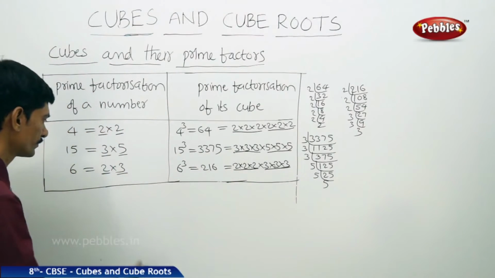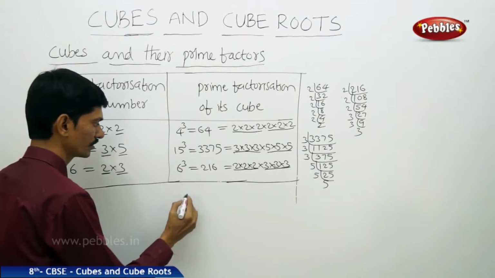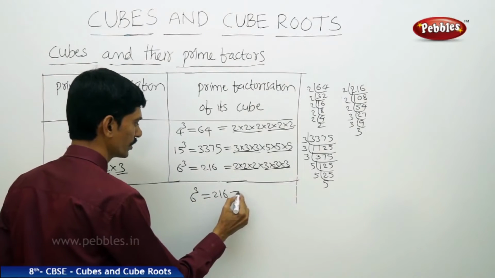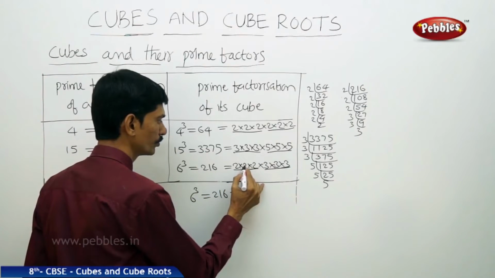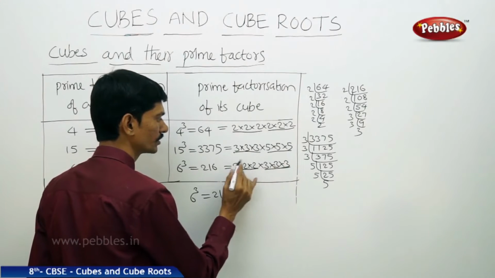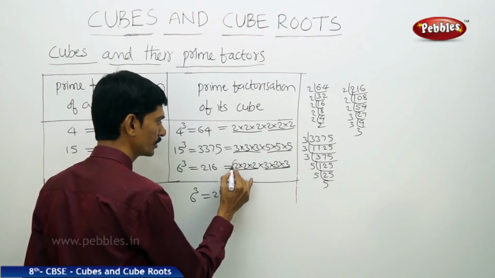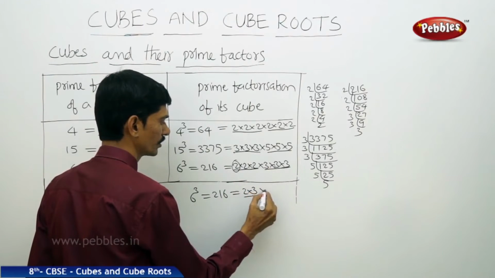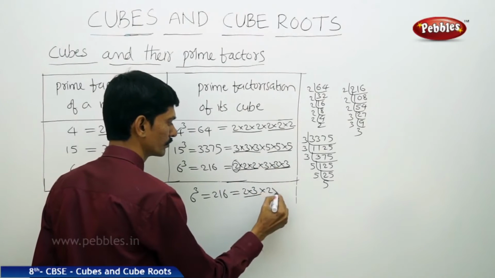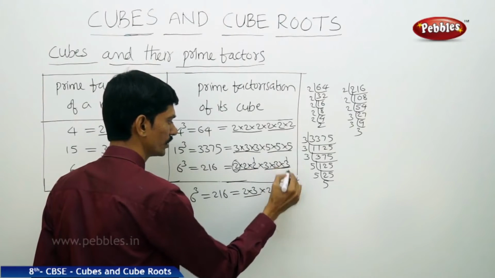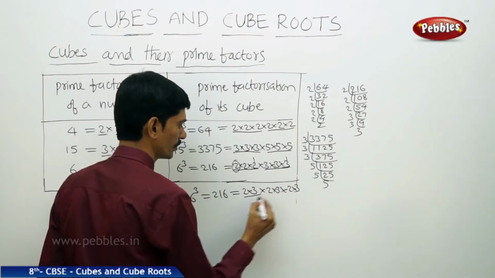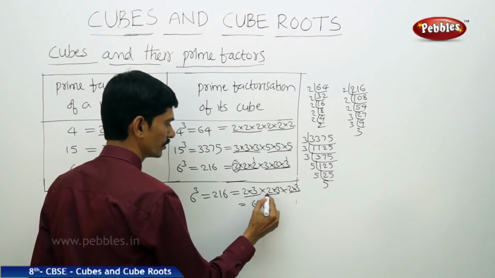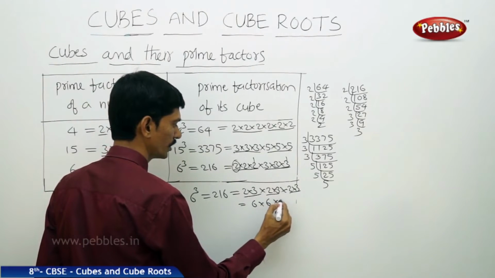Now if you take the third case, 6 cube equals 216, so that equals 2 into 2 into 2 into 3 into 3 into 3. The same thing can be written as, taking the first 2 and first 3, next 2 and 3, again this 2 and this 3, this equals 2 3s are 6, 2 3s are 6, 2 3s are 6.